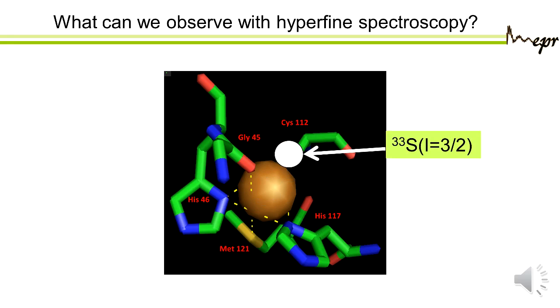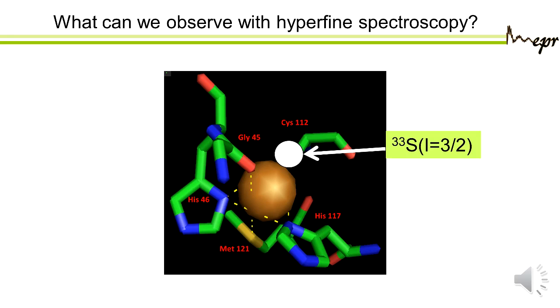In this particular case, it's very interesting because there's a lot of spin density on the sulfur, and because of this very covalent bond between the copper and the sulfur, this is a very good and unusual electron transfer site. So if we could put here sulfur 33, we could measure the hyperfine, and we could get some information directly on how much spin there is on the sulfur, and then relate it to the activity.